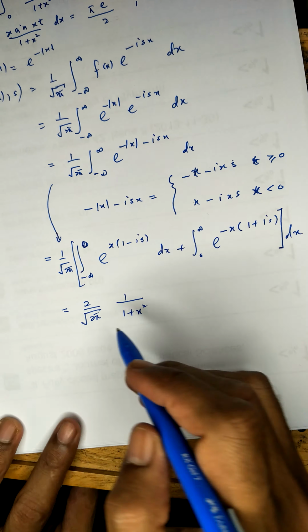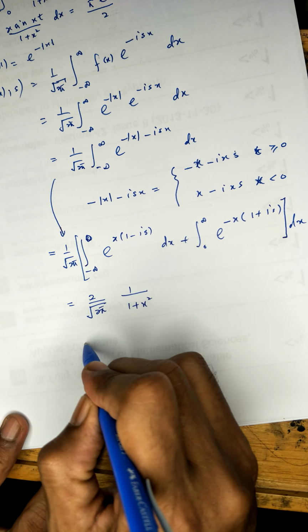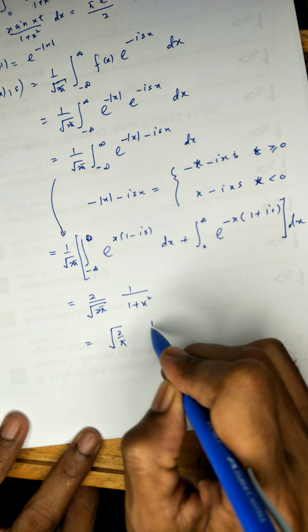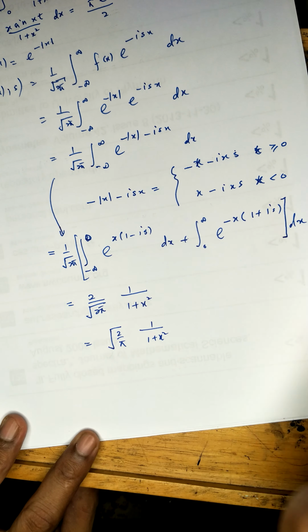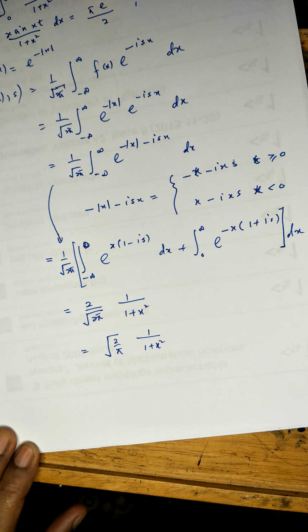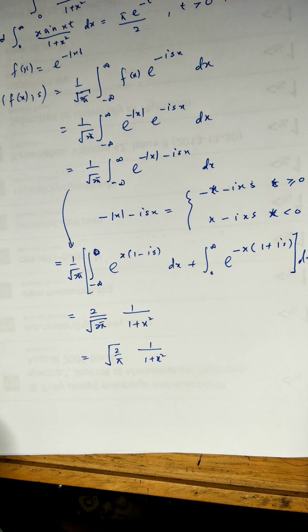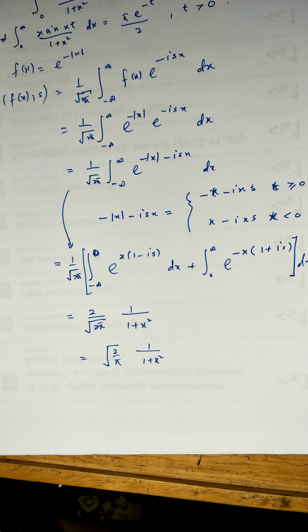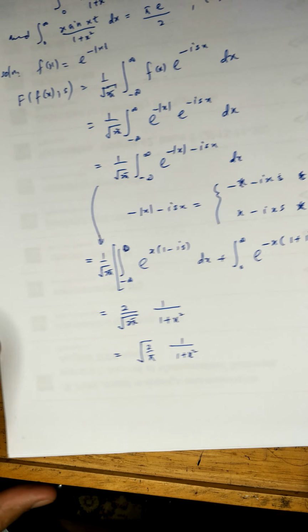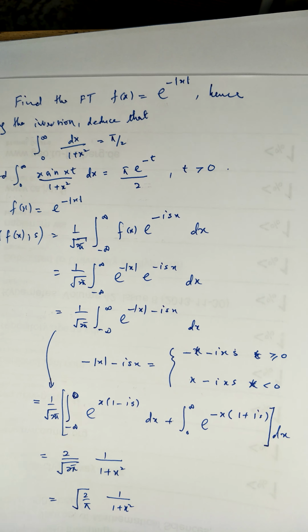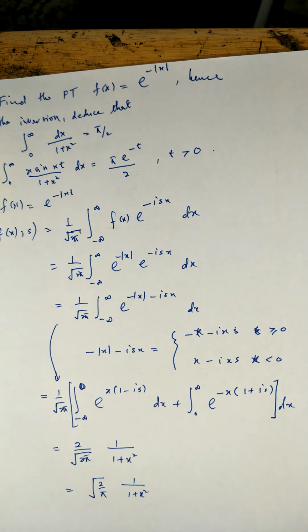Of course, you can write the constant in front as square root of 2 over pi, 1 over 1 plus s squared. Okay, now we use the inversion of the Fourier transform to answer the next question. Using the inversion, we deduce all those things.